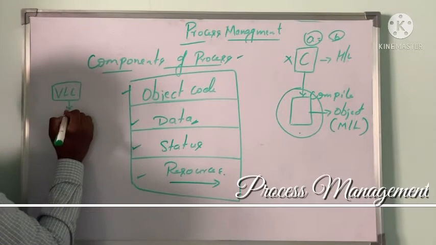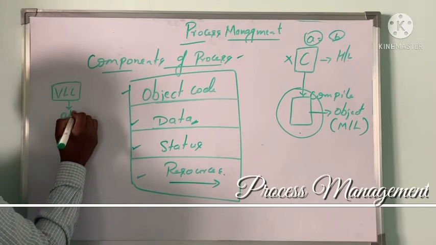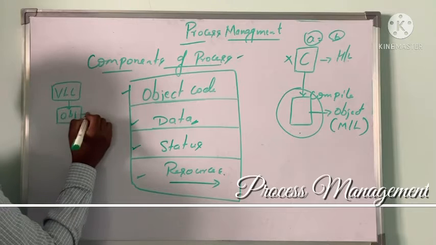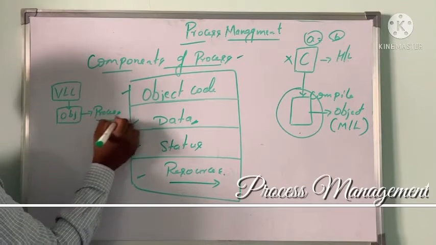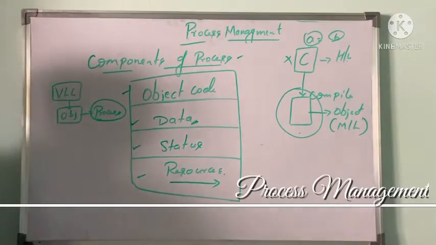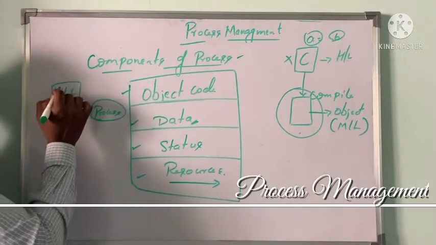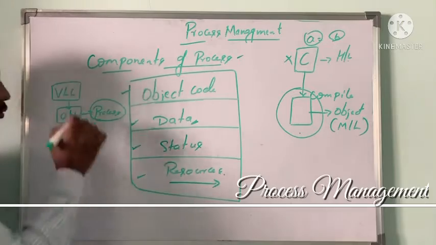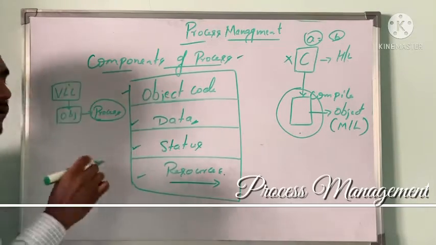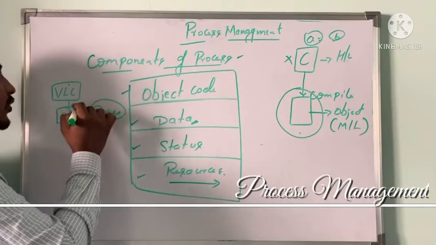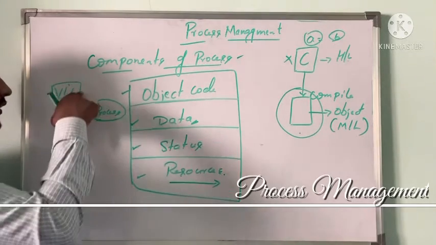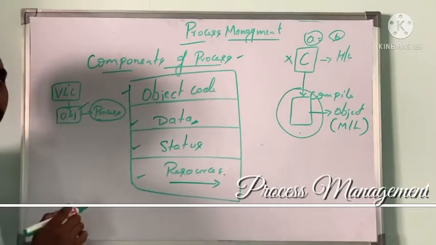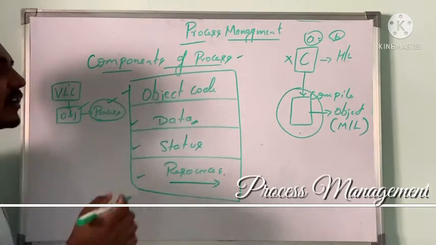Its object code will be loaded onto your memory, which will create a process. In the sense, in your computer, if you have installed VLC player, once I double click on that VLC player icon, it is going to load the object code of that VLC player into the RAM. Then the process is created.